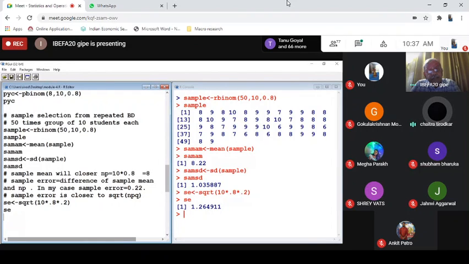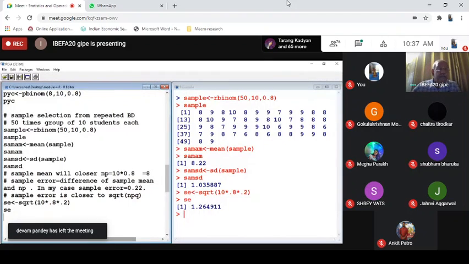So can you please repeat this line? Yes. Look, my interest is to explain the sample concept. How much error of analysis is possible in my sample? To explain this, if I go for repeating the sample of 10 students in the institute, say 50 times, these are my sample data.